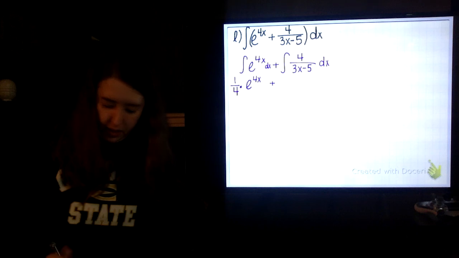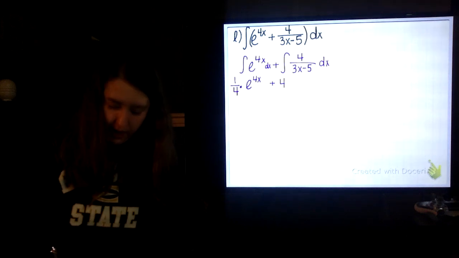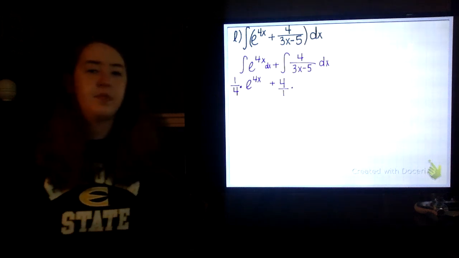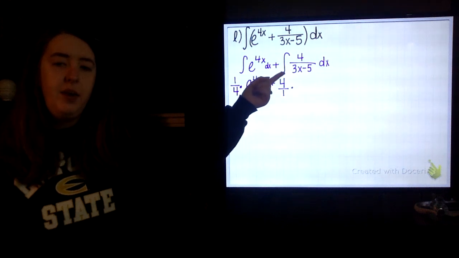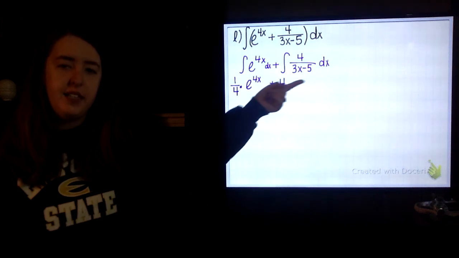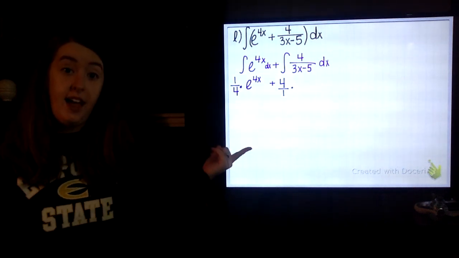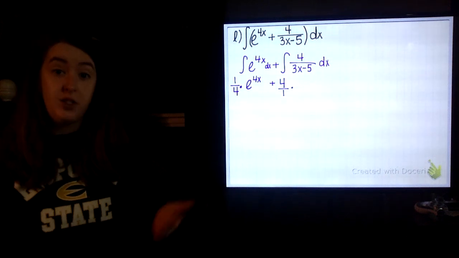Now remember earlier we popped that 4 out front, right? Whatever was in my numerator, we pop it out front. Now I have 1 over 3x minus 5. Well, the integral of 1 over x is natural log.